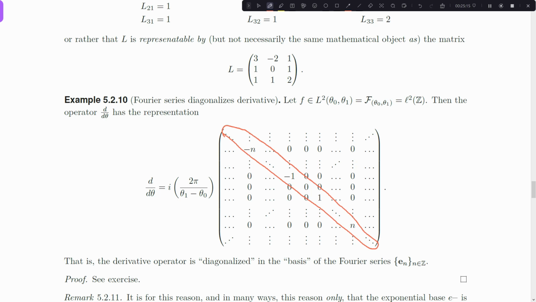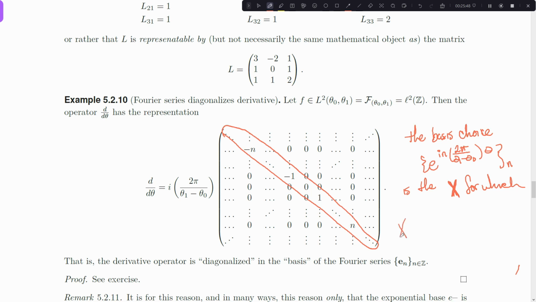And so the Fourier series actually is in some sense the basis choice, e to the i n 2 pi over theta 1 minus theta 0, theta, that's this capital X for which X inverse derivative X, maybe I'll call that d theta, so I don't get confused, is a diagonal matrix.